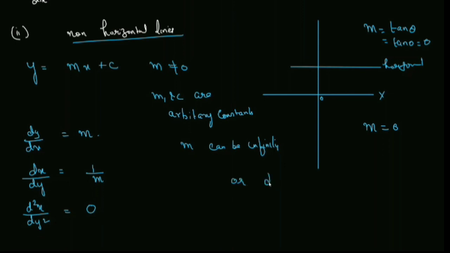Sometimes you can also write d square y by dx square is 0, assuming m is not reaching infinity. Both are okay, but m can also be a huge number, m can be infinity. In that case you have to write 1 by m, okay.